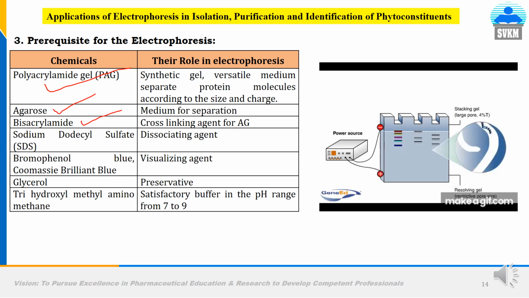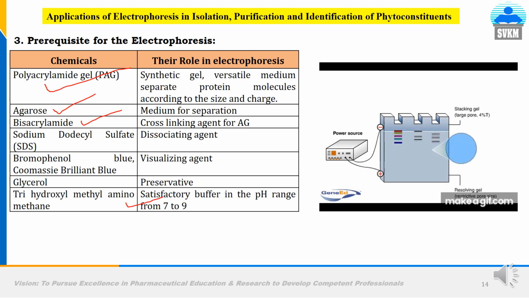Here, sodium dodecyl sulfate is the dissociating agent, bromophenol blue is the visualizing agent, and glycerol is a preservative, because if you are using agarose there is always a chance of contamination. So care should be taken that the medium is preserved by applying glycerol, and Tris (trihydroxymethylaminomethane) is used for a satisfactory buffer in the pH range of 7 to 8 for complete separation of the compounds.